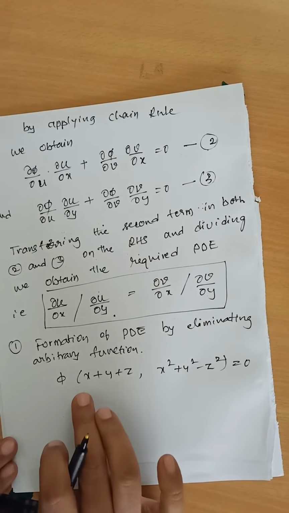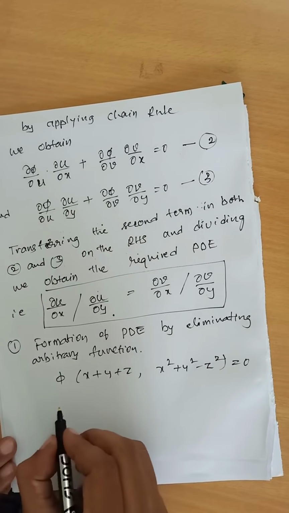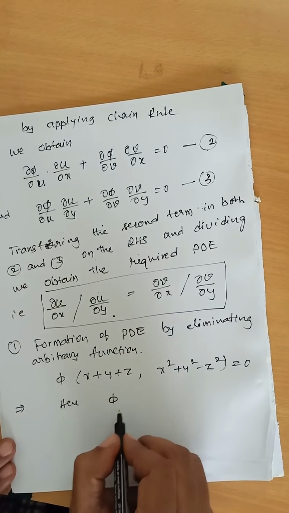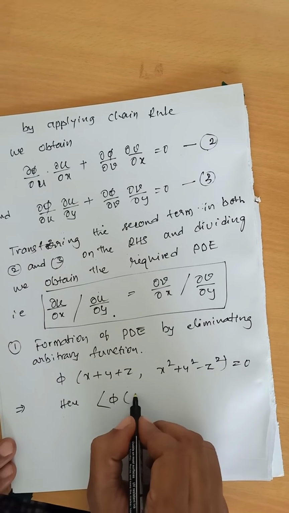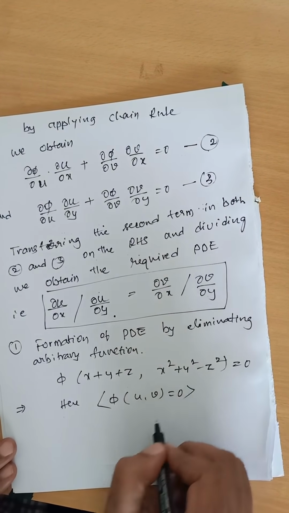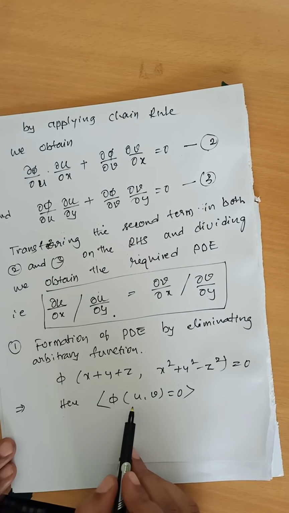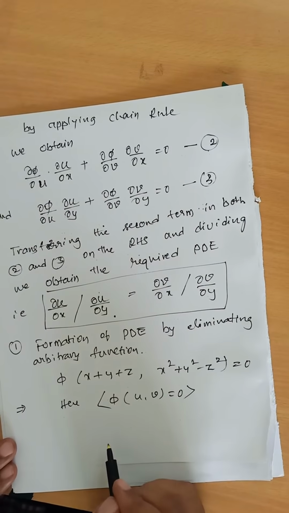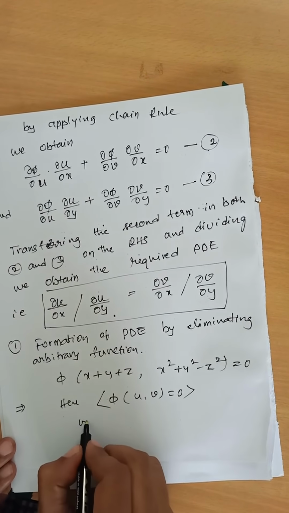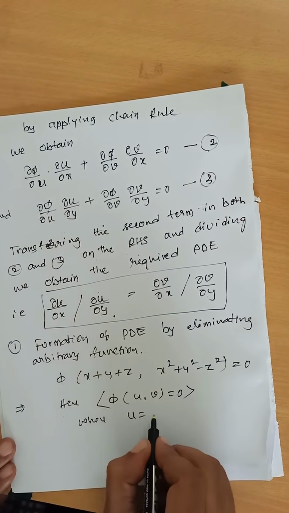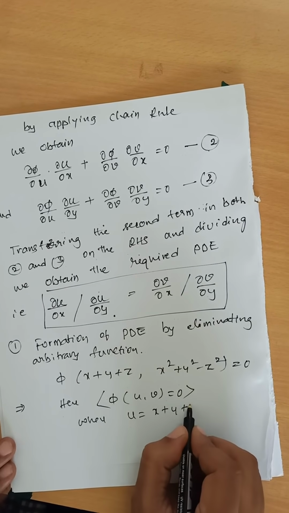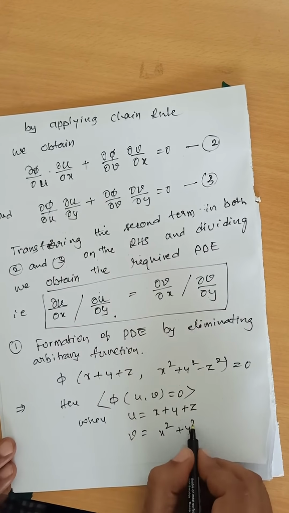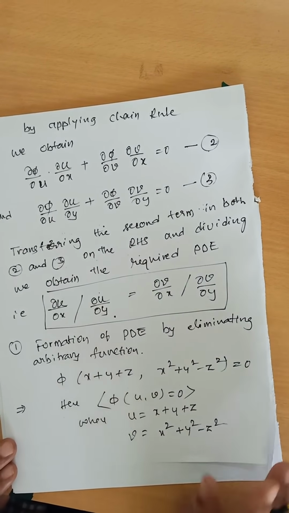See the equation like this: the given is in the form of φ of u comma v equal to 0. So for an equation like this we use the chain rule. Remember this, right? Where u is x plus y plus z, v is x square plus y square minus z square.